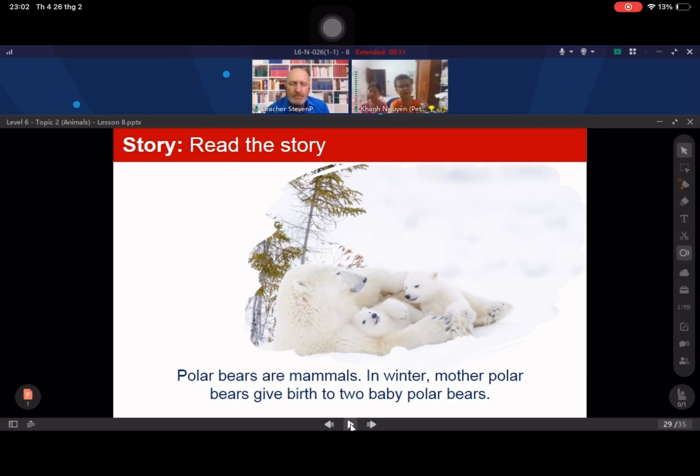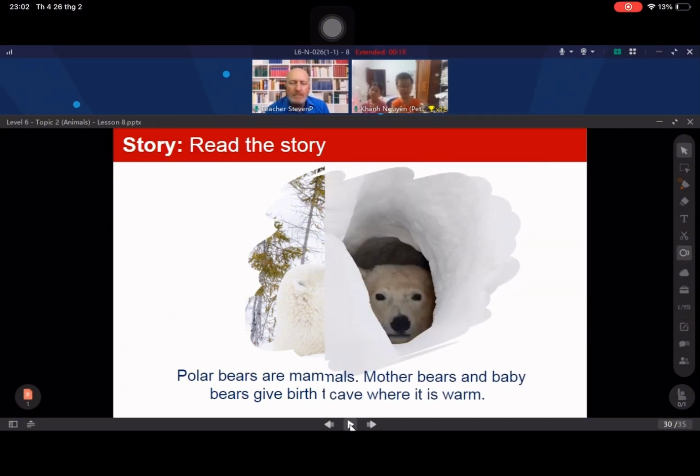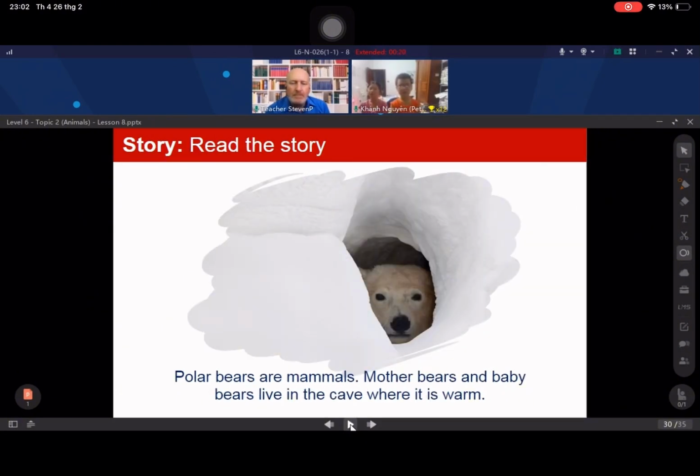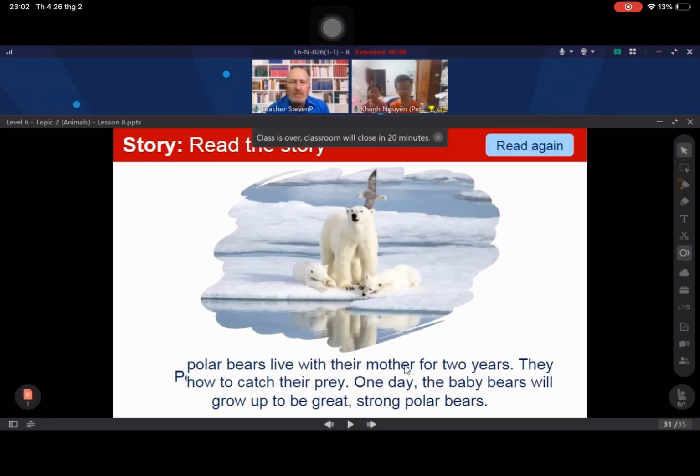Polar bears are mammals. In winter, mother polar bears give birth to 2 baby polar bears. Mother bears and baby bears live in the cave where it is warm.